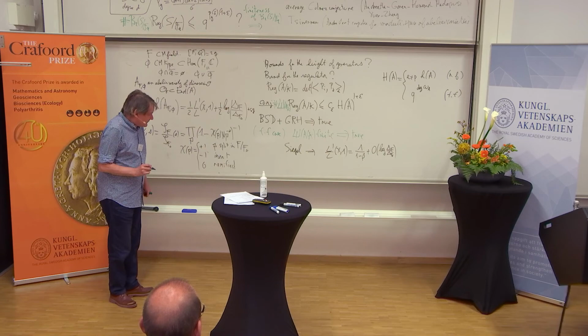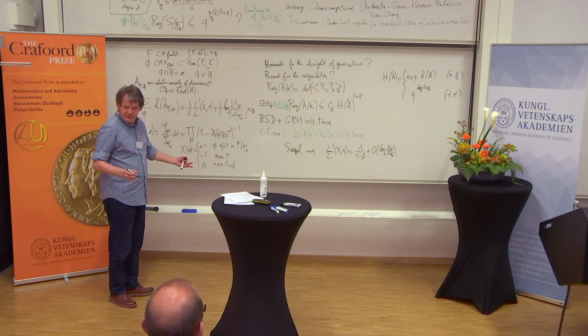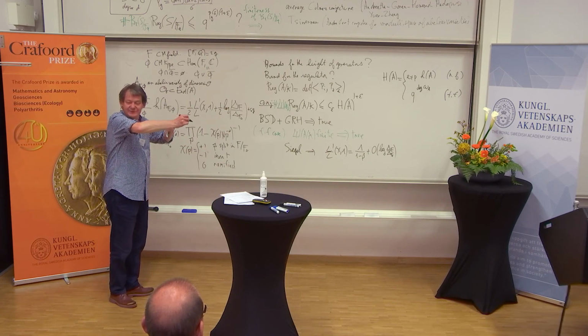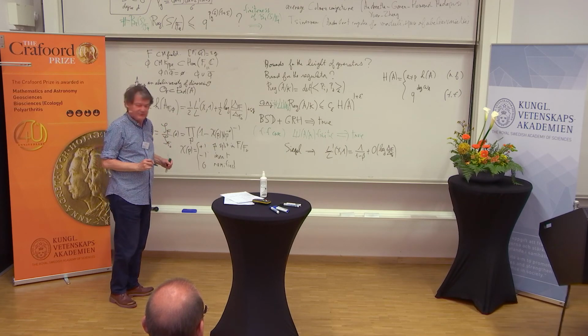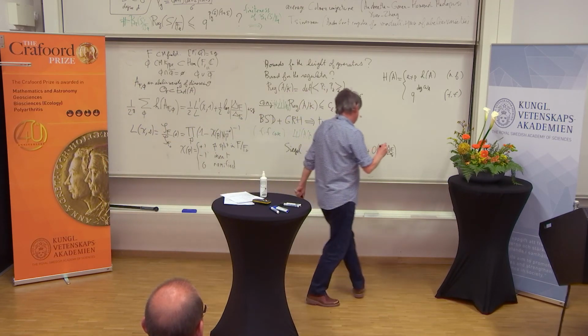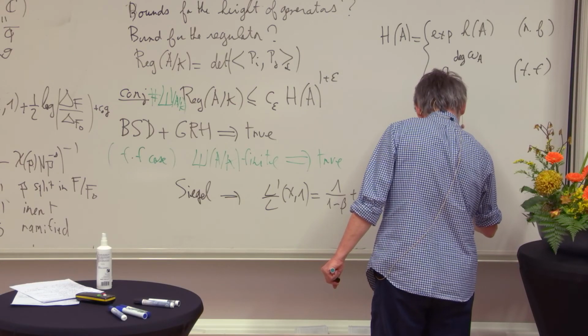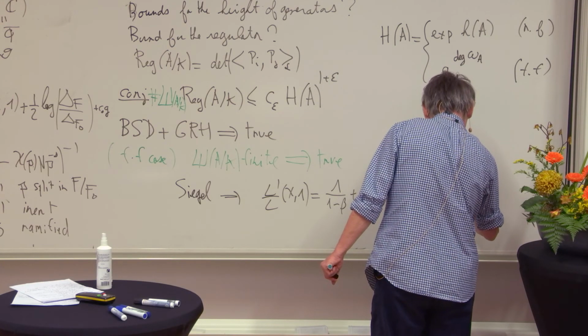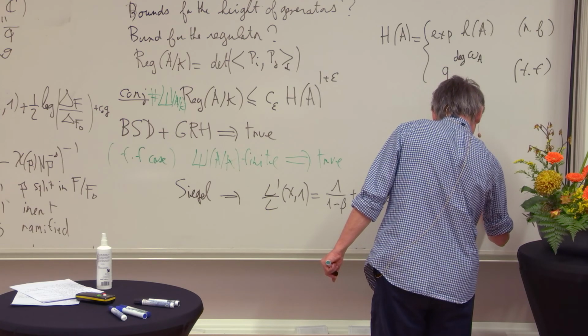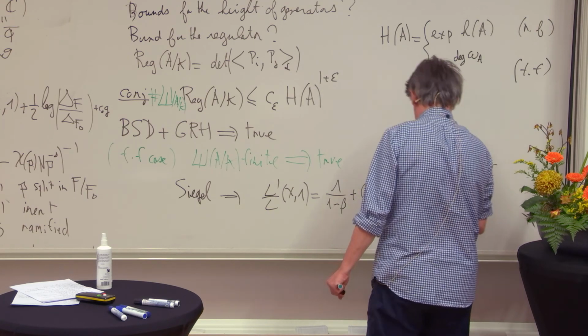If there is a Siegel zero, then you need Siegel's theorem that tells you that the Siegel zero is a little bit far away from 1. So you get that this is smaller than delta_F over delta_F0 to the power epsilon.